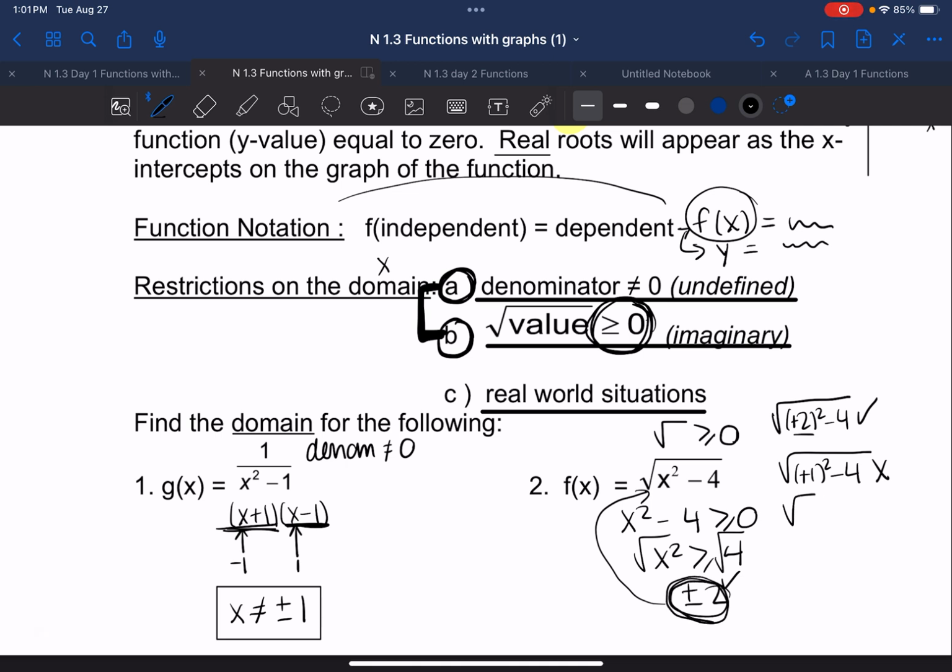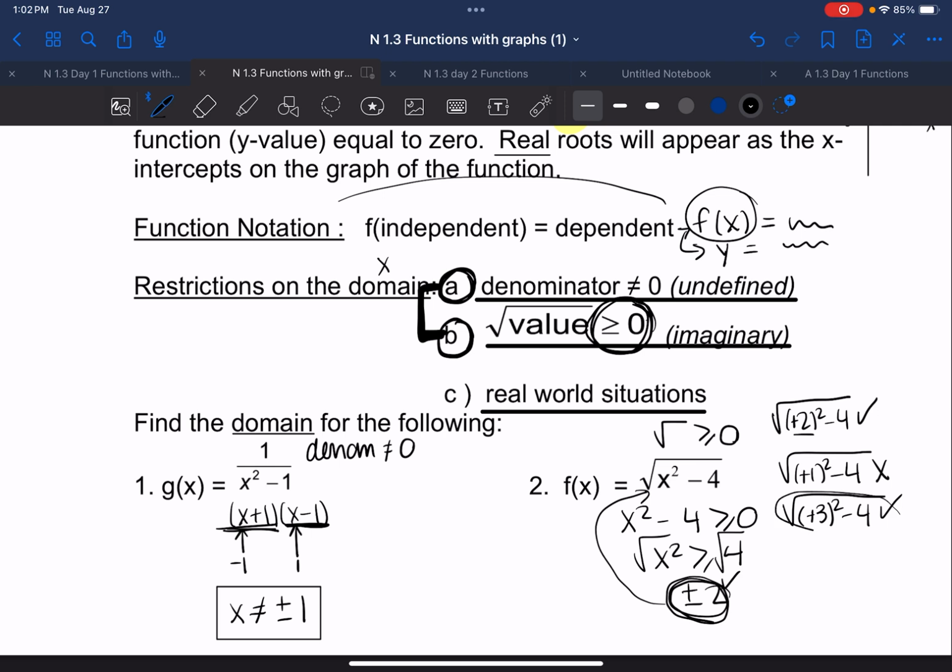Let's try something that is not in between them. So maybe negative 3. Okay, so negative 3 squared is 9. 9 minus 4 is 5, which is positive, so that would work. Same if I do larger than 2, all right? I would still get 5, still works. So basically, we're saying that 2 and negative 2 work.